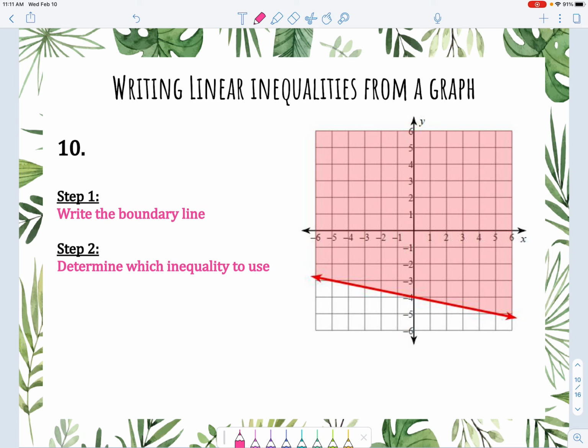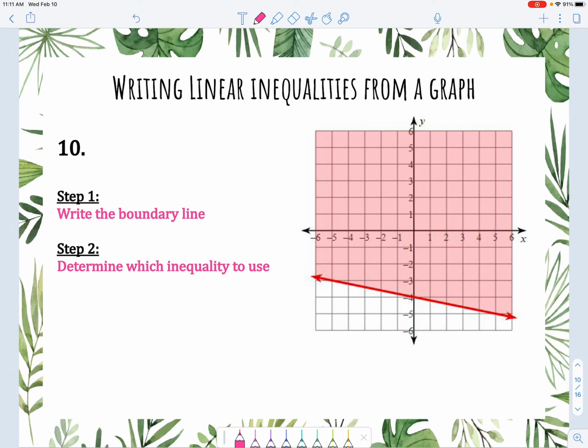All right, last thing that I'm going to cover with you, and then we will call it a day here, is how to write linear inequalities from a graph. Okay, and again, you may have done this in chapter 5 where you were writing equations from a graph. It's kind of the same idea to start. I'm going to do a couple with you and then I'll give you some to try. The first thing that you want to do is write a boundary line.